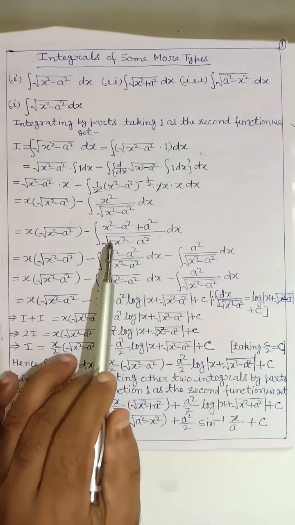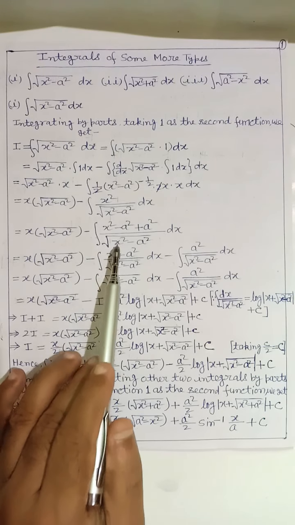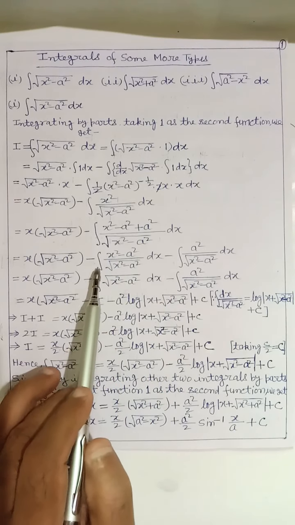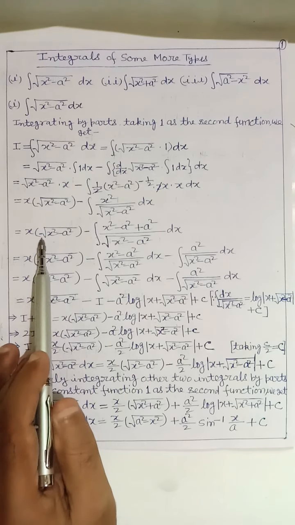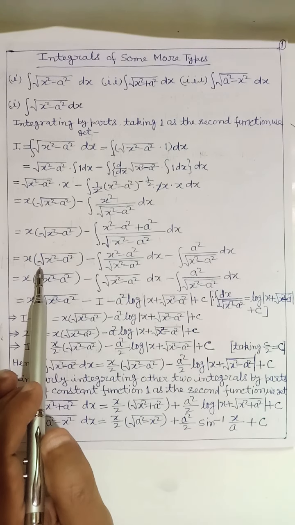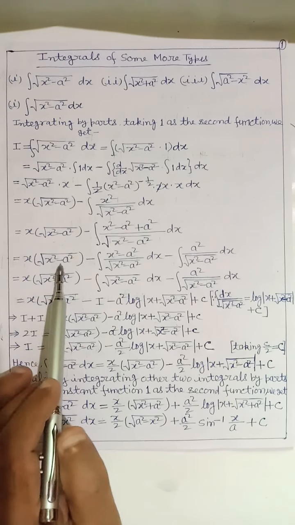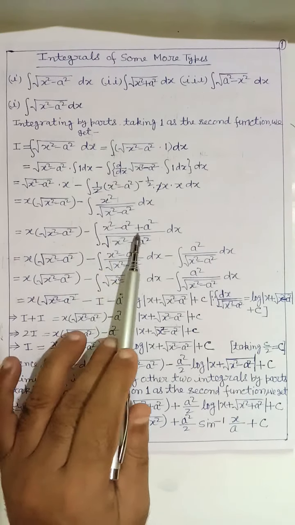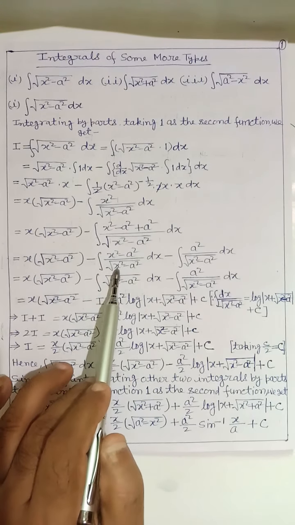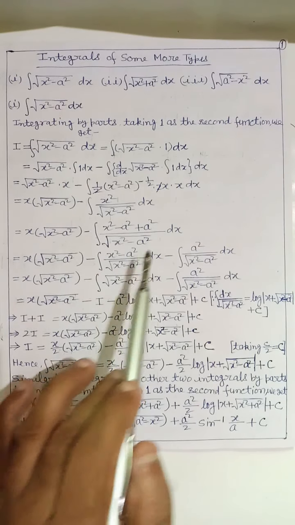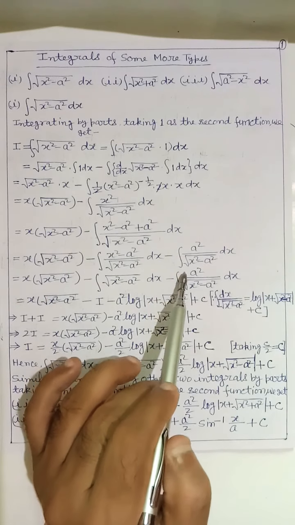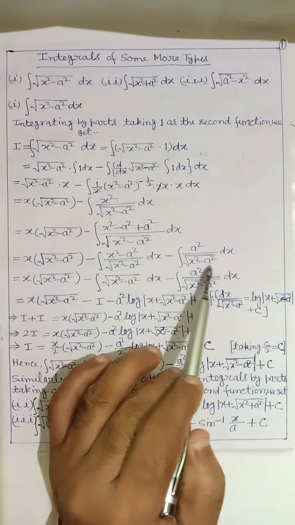Here we distribute the numerators. We get x into square root of x square minus a square minus integral of x square minus a square by square root of x square minus a square dx, and minus integral of a square by square root of x square minus a square dx.